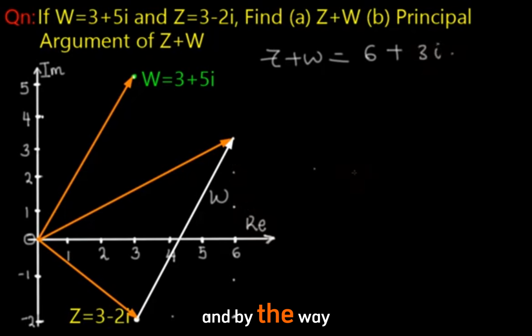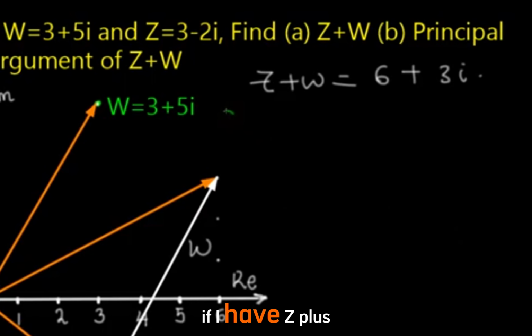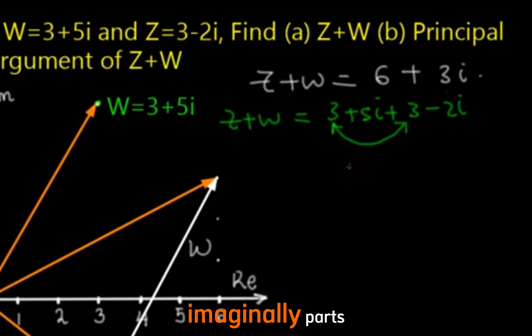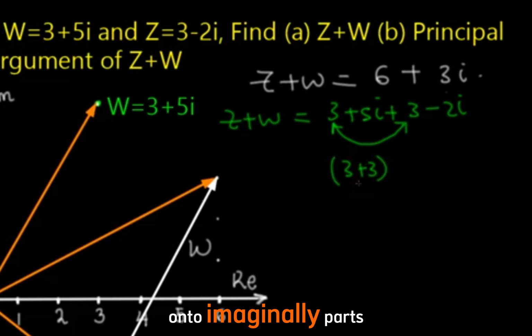And by the way, it is very clear that by addition of complex numbers, if I have Z plus W, this is equal to 3 plus 5i, then plus 3 minus 2i. We said that when we are adding complex numbers, we add the real parts onto real parts and then imaginary parts onto imaginary parts.